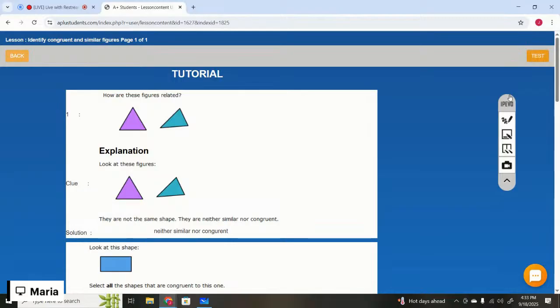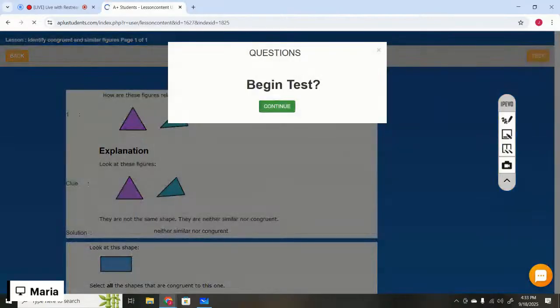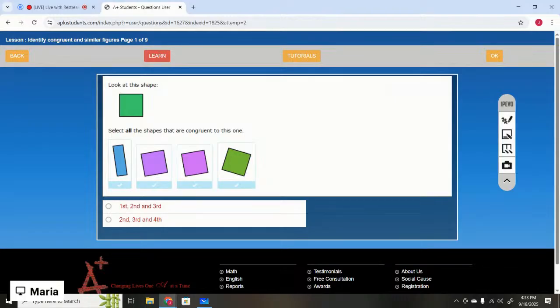Let's start with the test questions. Look at this shape. Select all the shapes that are congruent to this one.